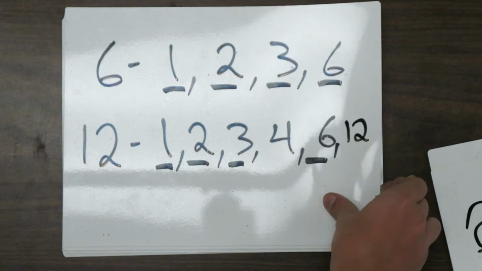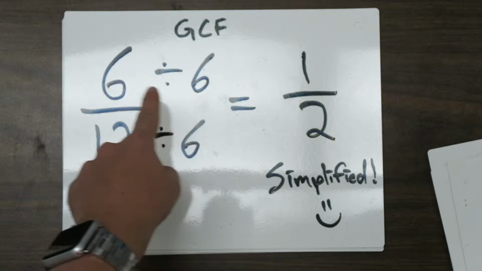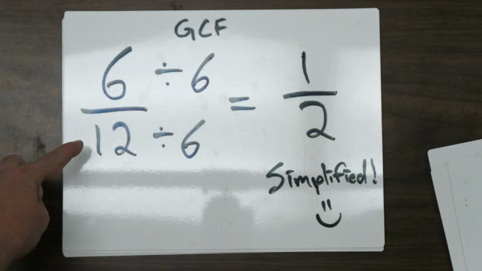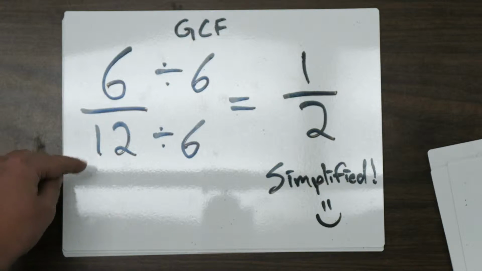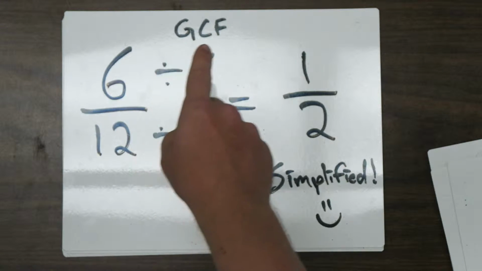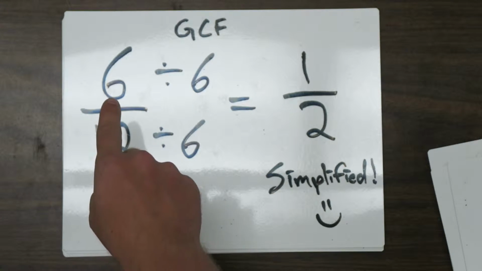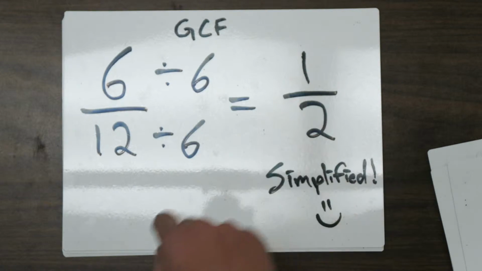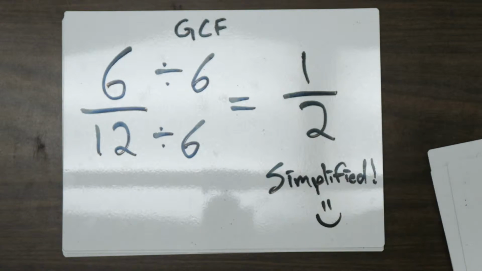Well, I'm going to take that greatest common factor and divide it into both numbers in my answer. Remember, my answer was 6/12, and I found that the greatest common factor of 6 and 12 was 6. So I divide 6 by 6 to get 1, and I divide 12 by 6 to get 2, and there is my simplified answer. Awesome, right?